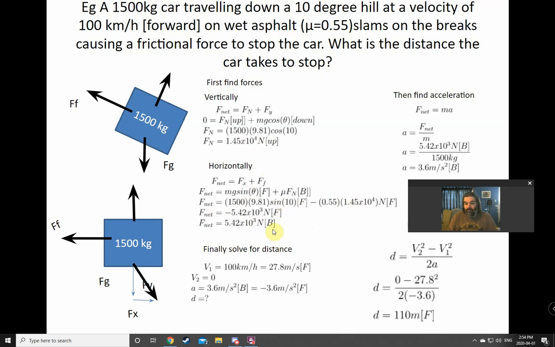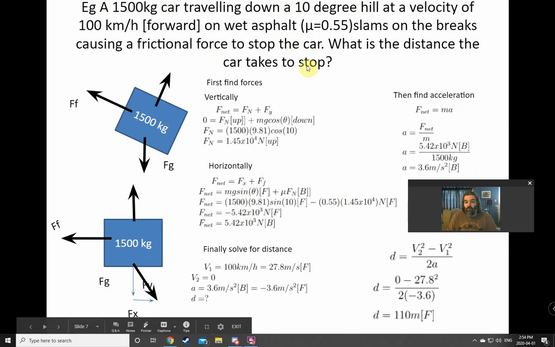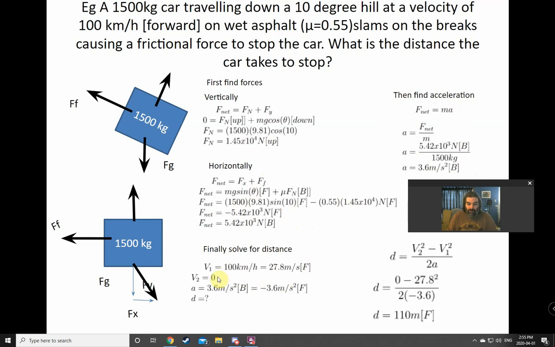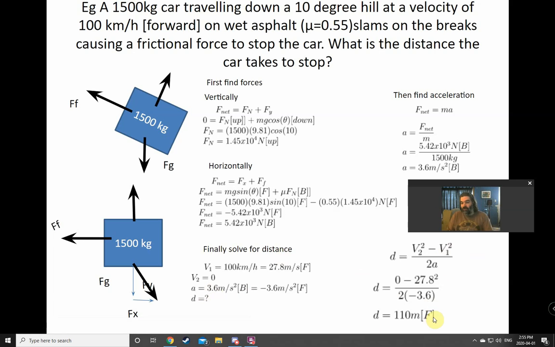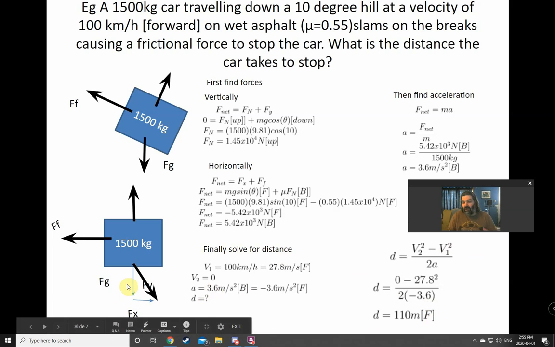Find the net force, plug it into F equals ma, and find your acceleration. Then we're solving for distance. We know V1, we know V2 is 0, and we know the a now. We want to find d, so plug it into the equation and you get 110 meters. Because friction is less, and because you're going down a hill, so there's the x component, you're going to slide a little farther. All right?